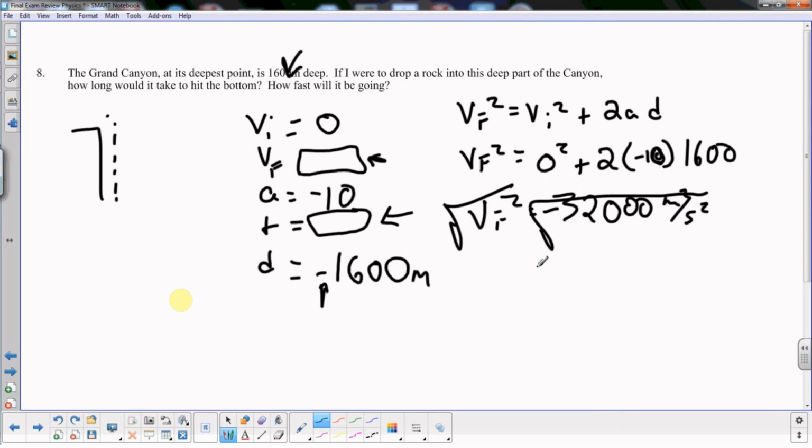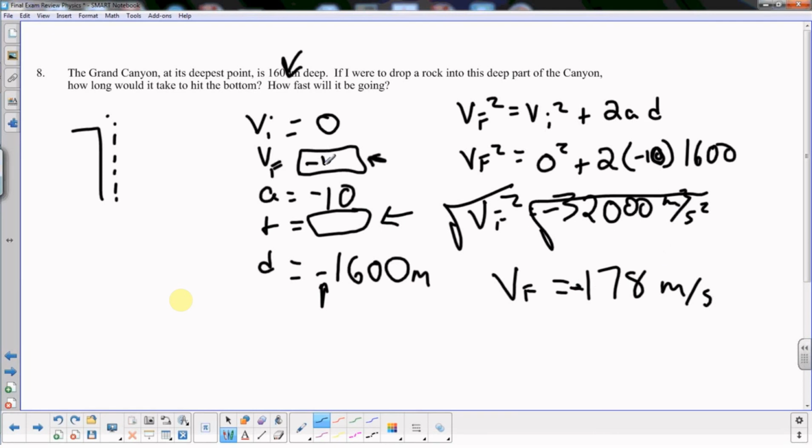Square root of 32,000 is 178. Vf equals 178 meters per second, but because we're dealing with a vector quantity, it's actually negative 178 meters per second. That just means it's going down.